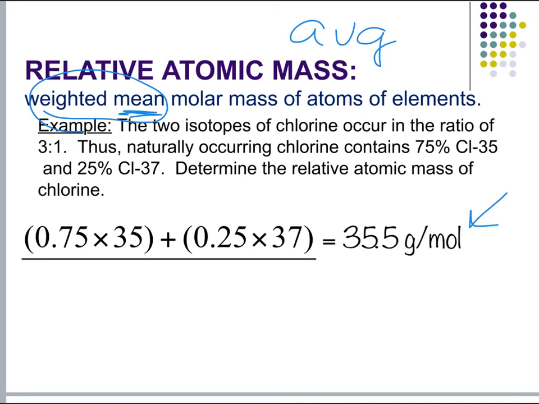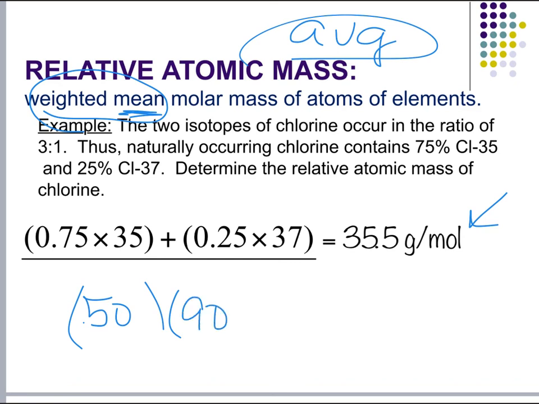So say tests count for 50% of your grade. You would take 0.50, and then say your test average, again just a normal average, is a 90. So I'm going to take 0.5 times the 90. And then say homework is the other 50% of your grade, so I'm going to take another 0.5.